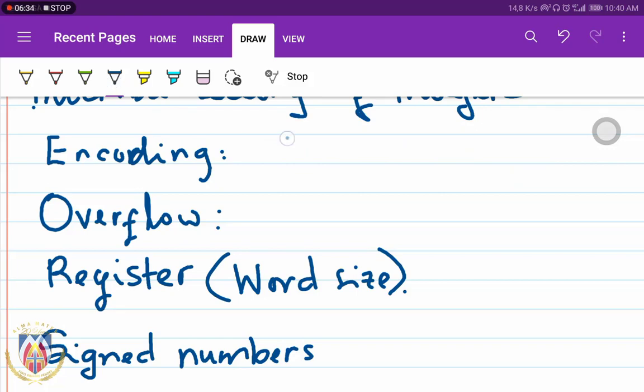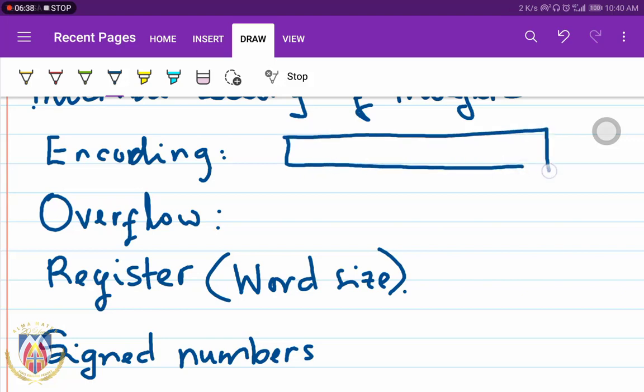The maximum number of bits that a computer can store is referred to as the word size. So the word size can be 16 bits if our register is a 16-bit register. It can be 32-bit, 64-bit, 8-bit, 4-bit, depending on the register that we are dealing with.